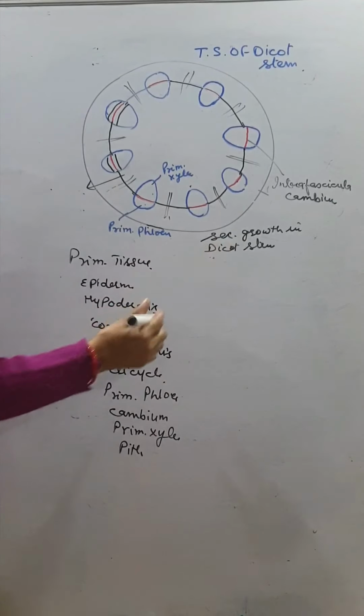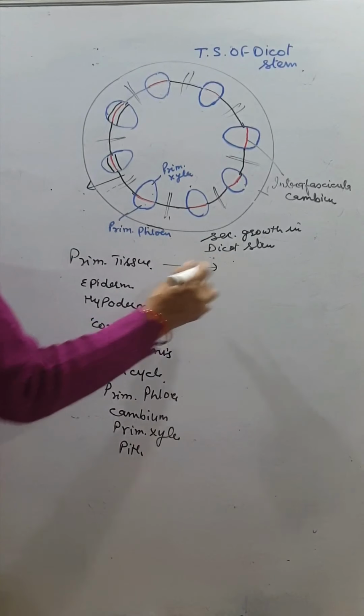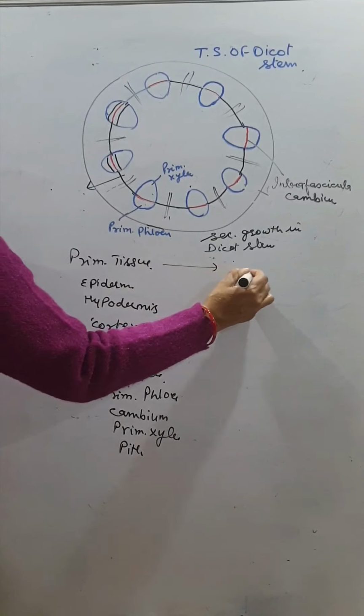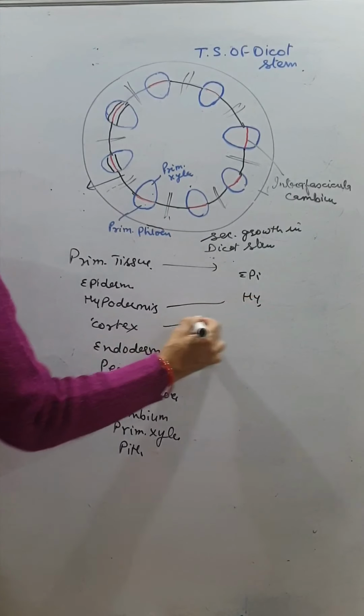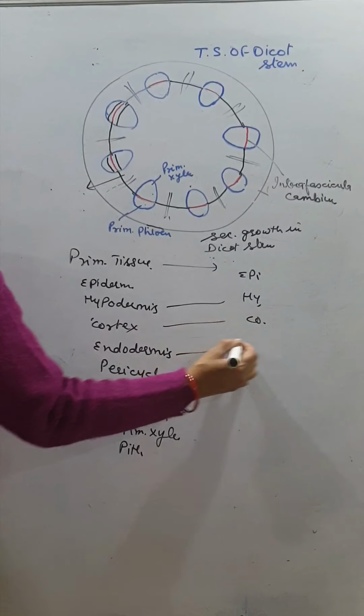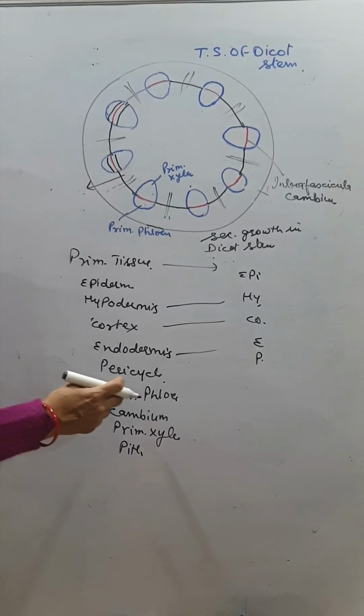When the secondary growth takes place, the tissues are the same. The epidermis is there, hypodermis is there, cortex is the same, endodermis is the same, pericycle is the same.